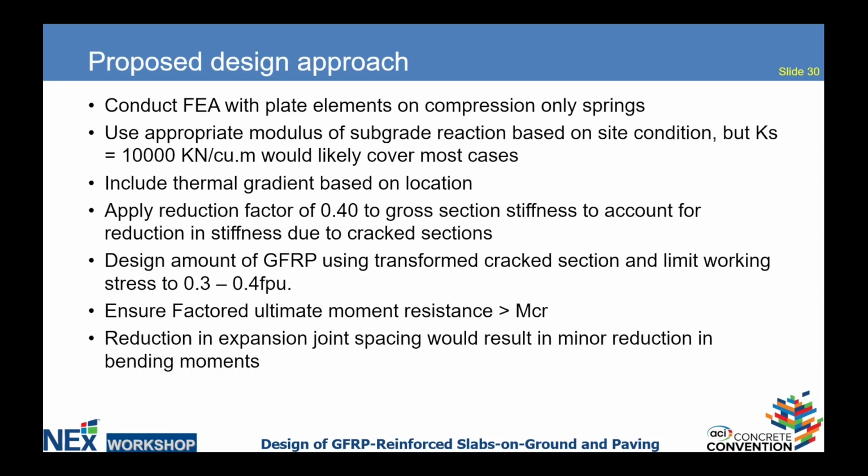But we have to ensure the factored ultimate moment resistance is bigger than the cracking moment, because we don't want, after multiple times, the actual material stress of the GFRP to be exceeded. Introducing more expansion joints or closer spacing, of course, will reduce the bending moment, but the reduction is relatively minor.